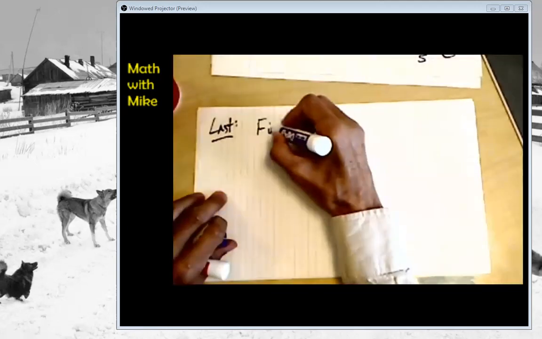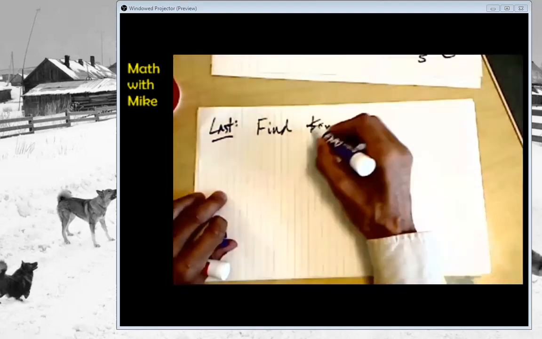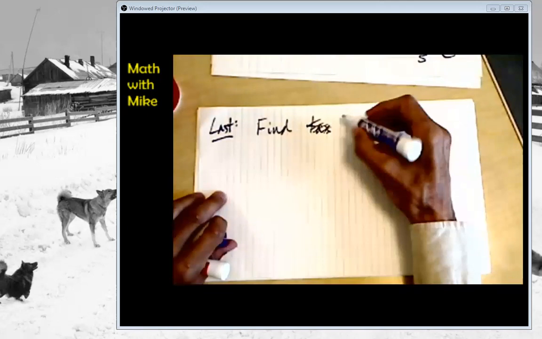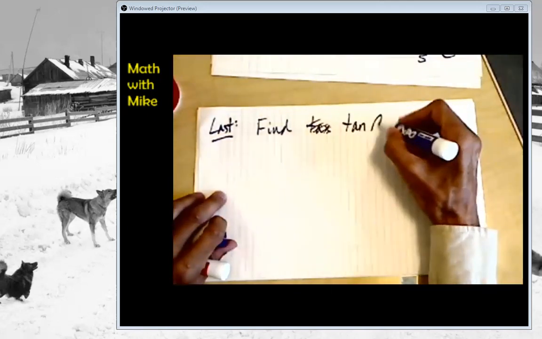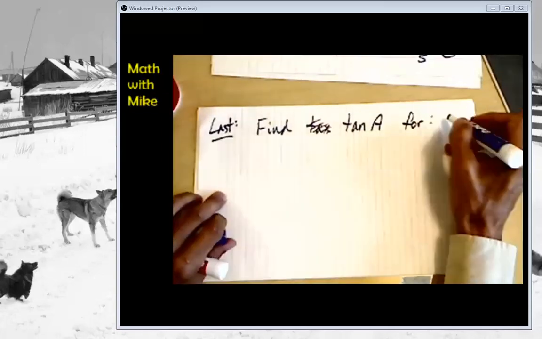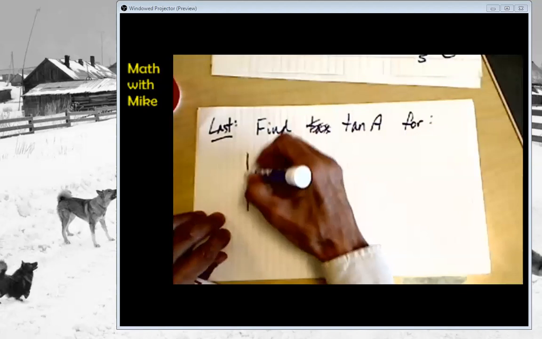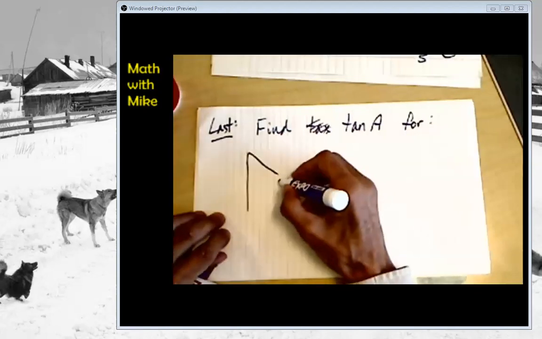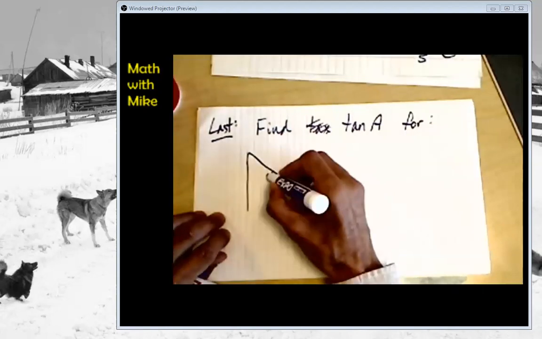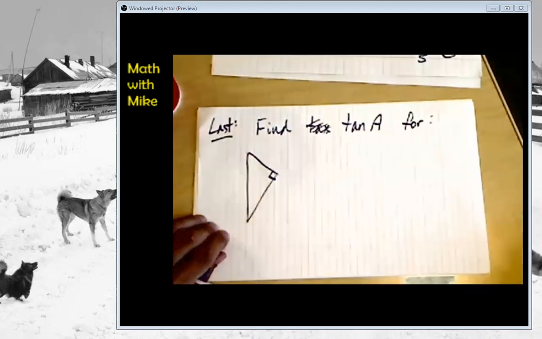Find tangent of A for this situation here. So that goes like that.